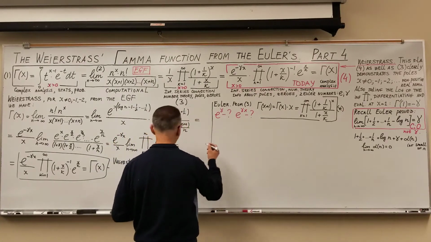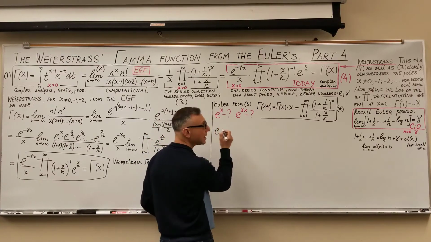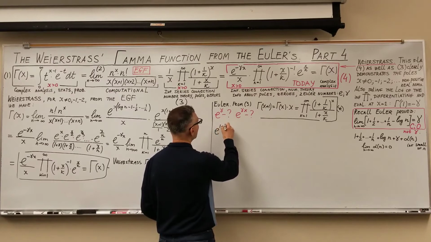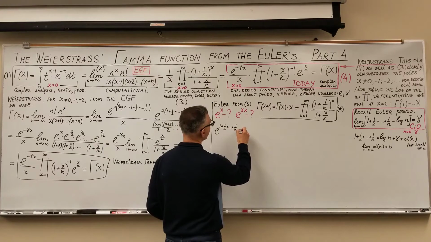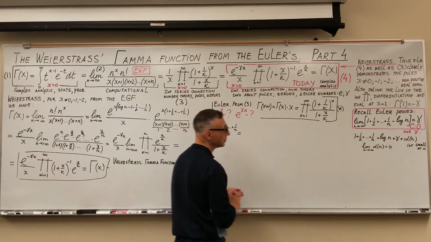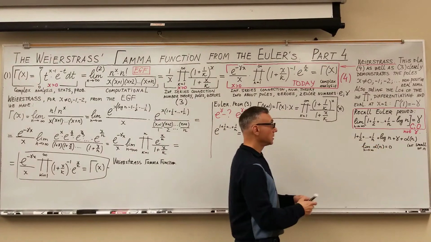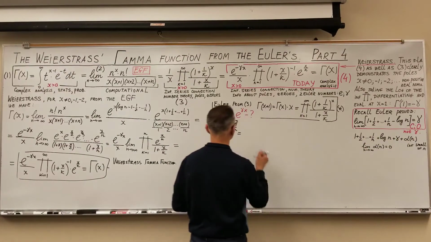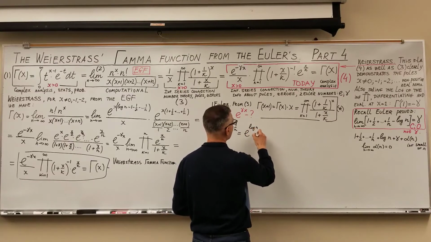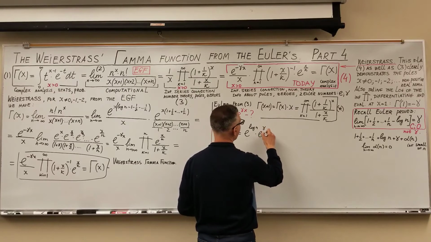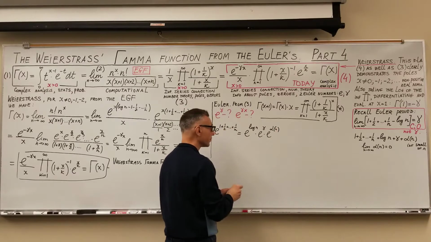He evaluated e to the power of the harmonic series 1 plus 1/2 plus so on plus 1 over n, and it's equal to, that's Euler's great result, e to the power log n, e to the power gamma, e to the power alpha of n.